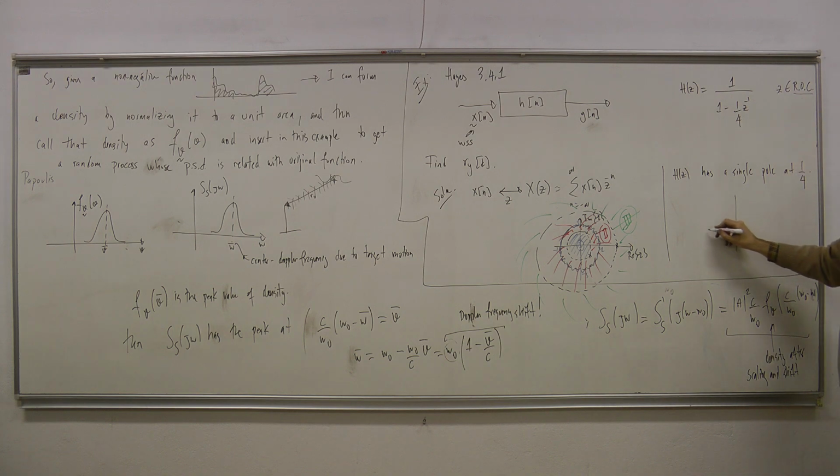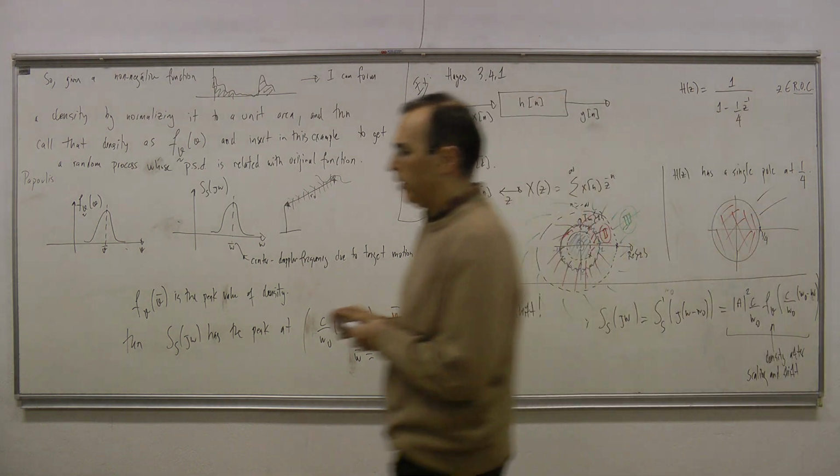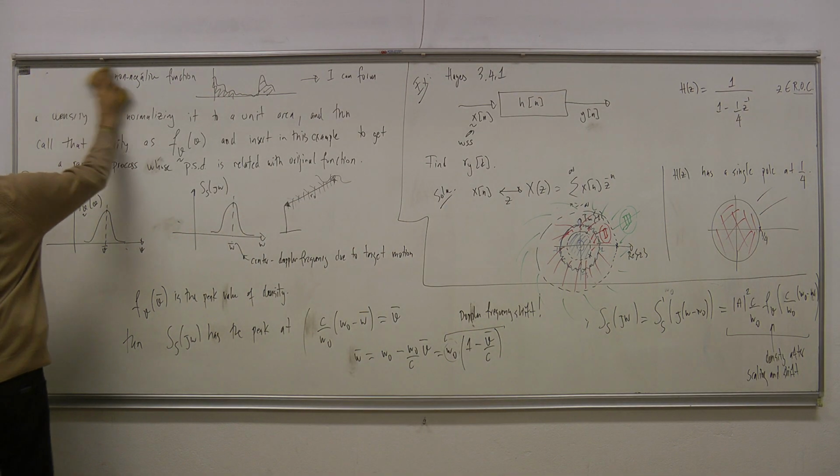Then for this one, there's only one pole, 1 over 4. So either inside of this or outside of this, I have only two possible regions of convergence. You will see it's not very critical for our example, because you will immediately see why that is so.